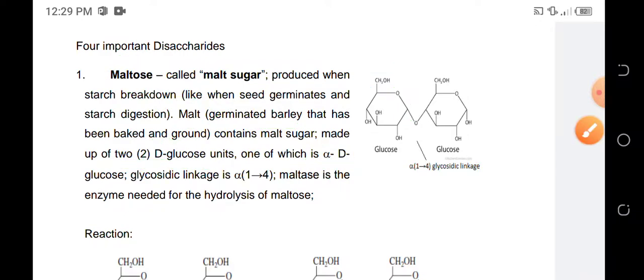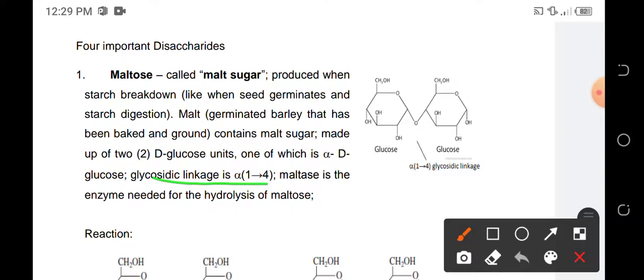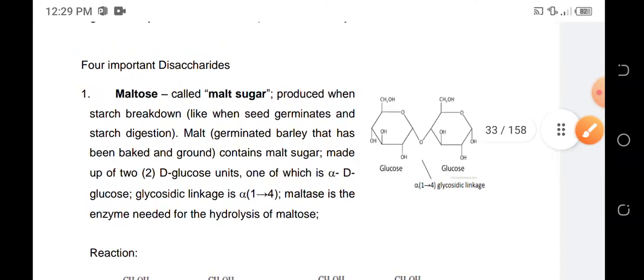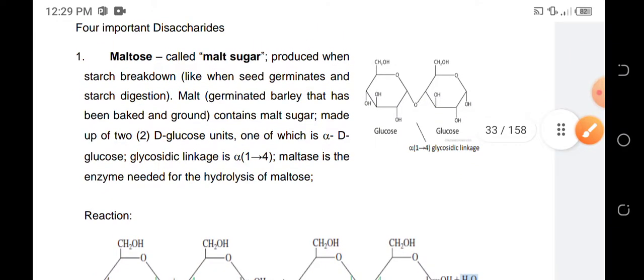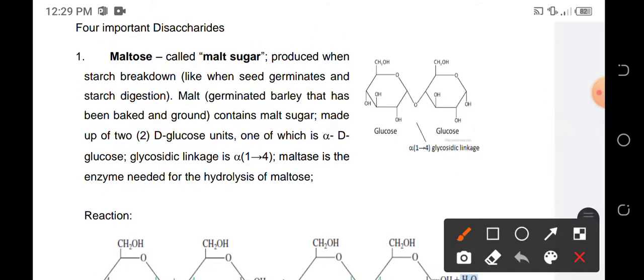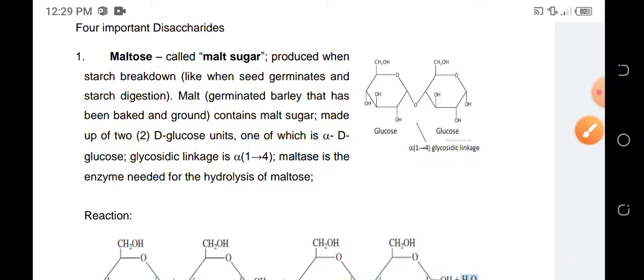Okay? At ang type ng glycosidic linkage daw niya ay alpha 1 to 4. For maltose to be hydrolyzed, to be converted back to its monosaccharides, it requires the enzyme maltase. So, si maltase lang ang makakapag-breakdown ng maltose into its forming monosaccharides, the two D-glucose units.